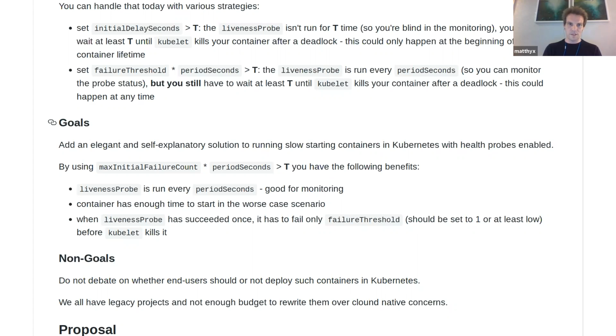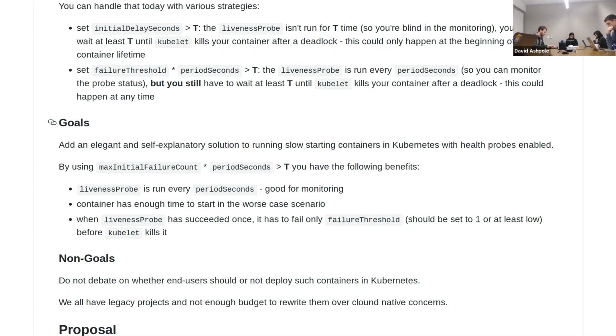So basically, the initial delay still exists, and then after this initial delay you start running the probes, and if the probe succeeds, then we mark somewhere that the container has started successfully at least once.